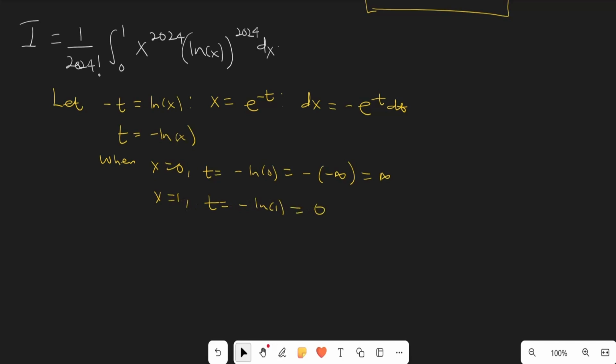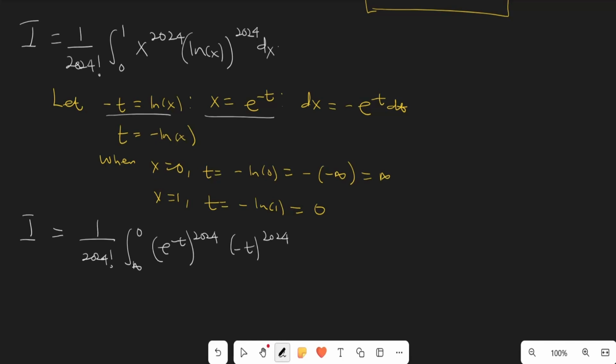And now we can take the integral into the t world. So I is 1 over 2024 factorial, the integral from infinity to 0 of x raised to the power 2024, x is e raised to the power negative t, this is raised to the power 2024. And then ln of x is negative t, is negative t raised to the power 2024 times dx, and dx is negative e to the negative t dt.